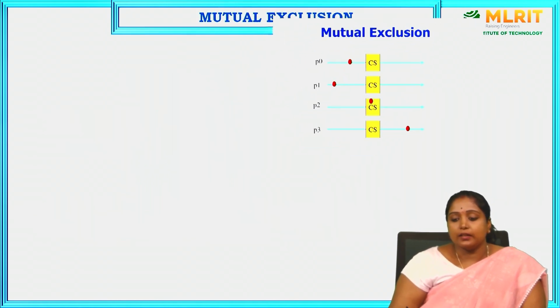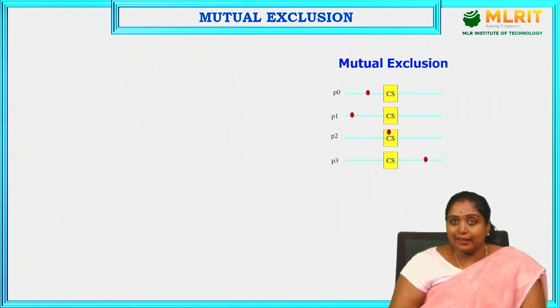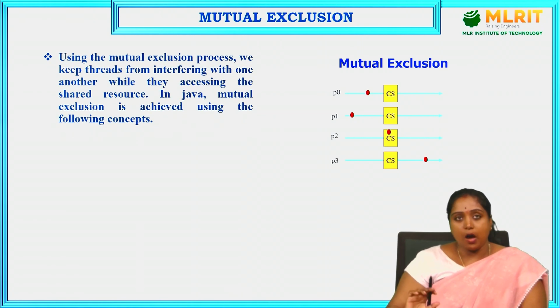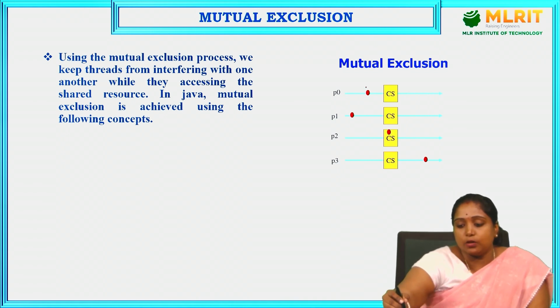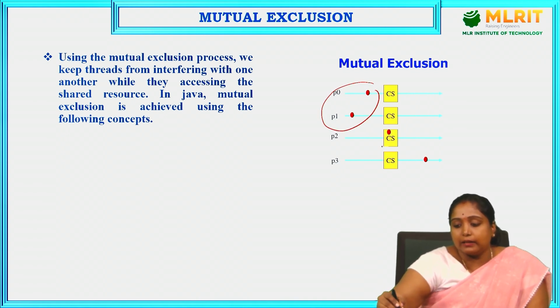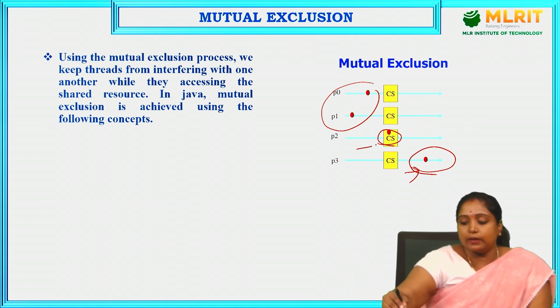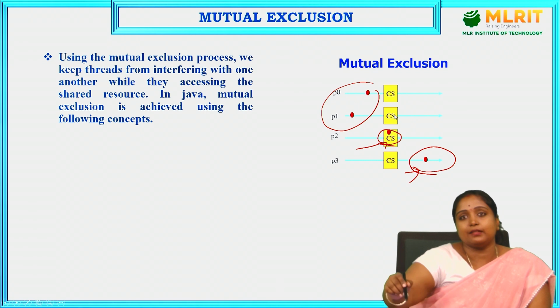Here, when one thread is executing or sharing the common resource, the other threads have to wait outside. Like P0, P1 are waiting and thread P2 is executing, and P3 has completed it. When it goes off, the next will enter the room and the next two are waiting.